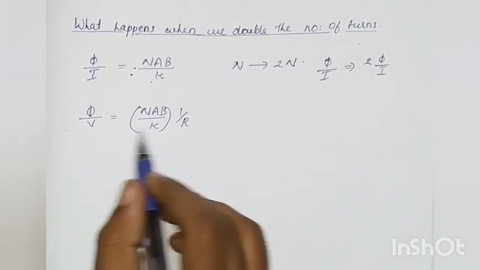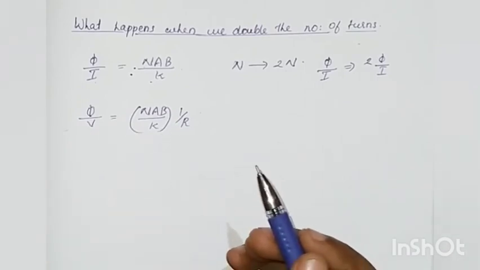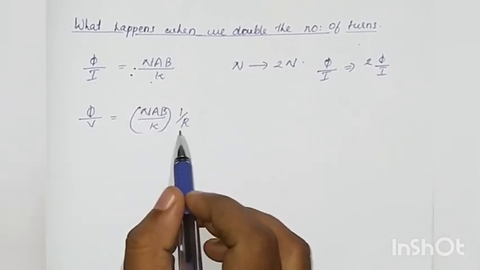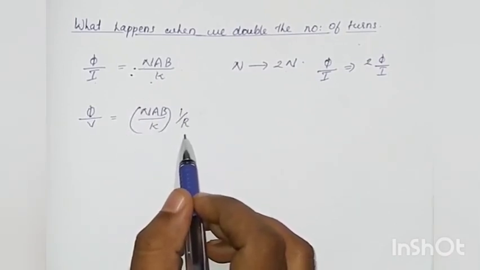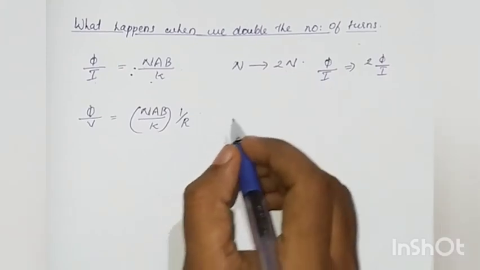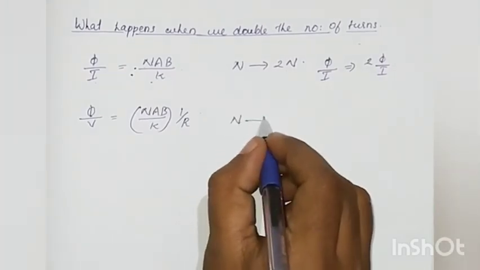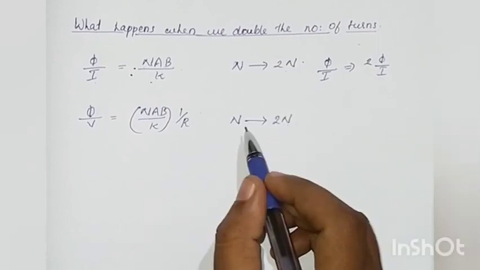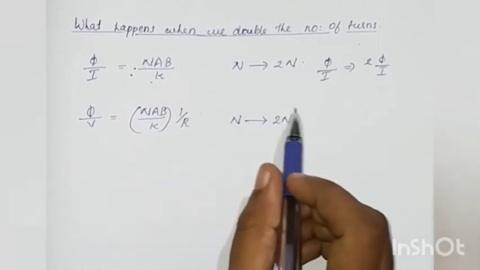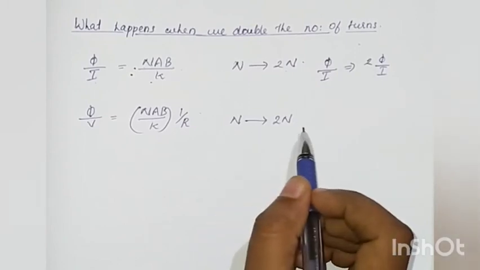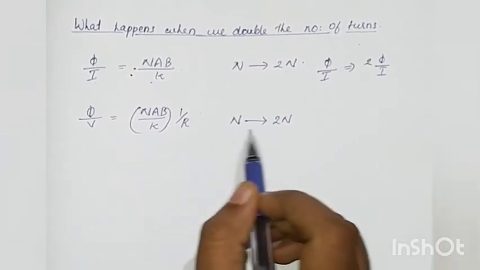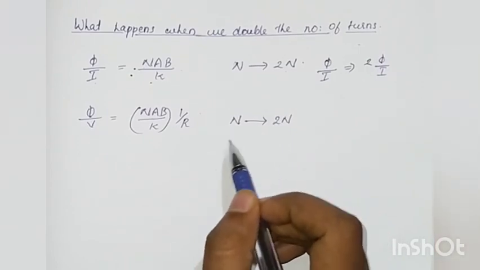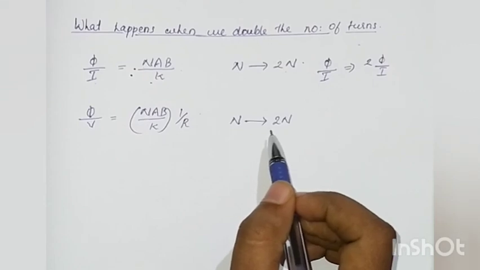But what happens in the voltage sensitivity? Here we can see that in the voltage sensitivity expression, we have an extra term of the resistance. Though we are doubling the number of turns, that is, changing N to 2N, the resistance of our arrangement will also change, because increasing the number of turns means increasing the length of the wire that we are using, or increasing the length of our coil.